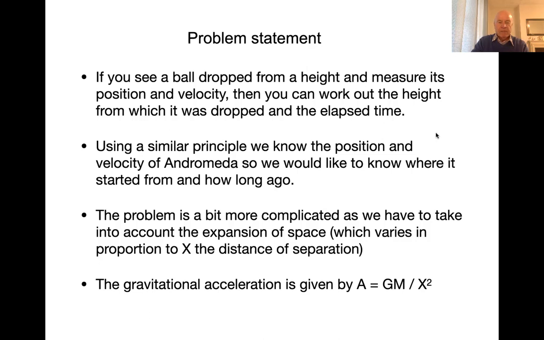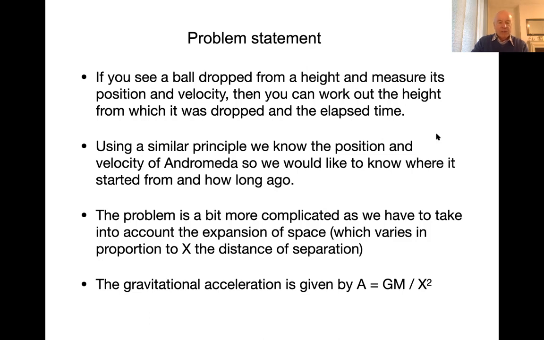Now, the problem is a bit more complicated than the example that I gave with the ball being dropped, because we have to take into account the expansion of space, which varies in proportion to x, the distance of separation between the Milky Way galaxy and Andromeda.